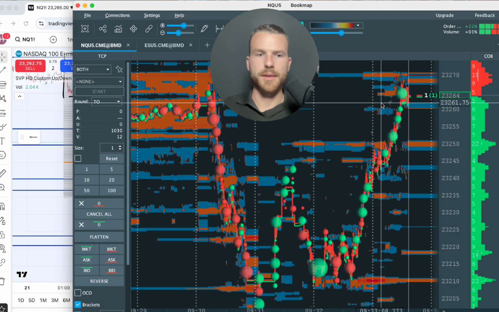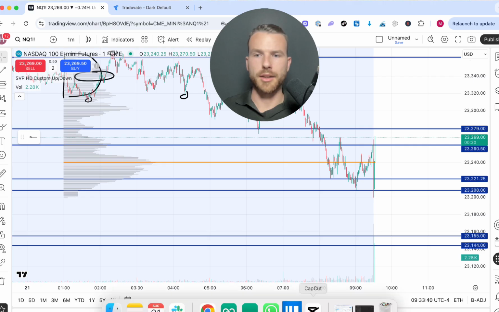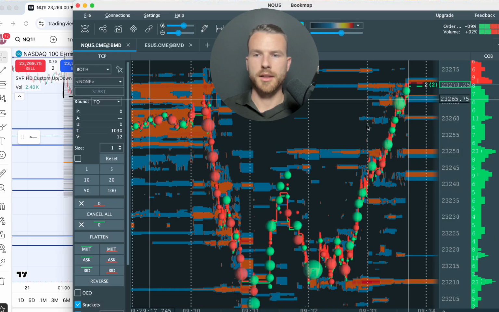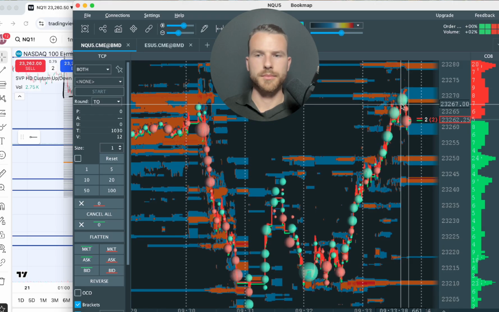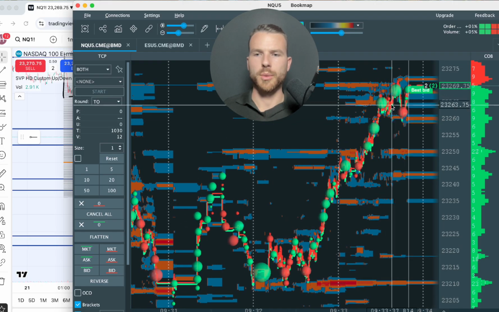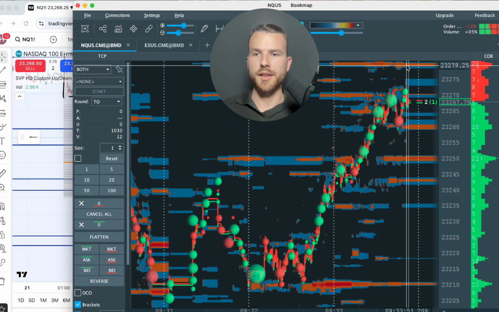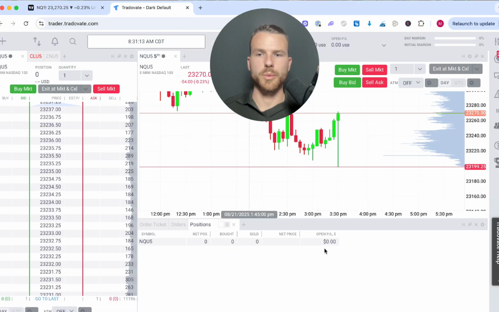So for now, it was at 282, 280 roughly. So this is where the market gets interesting again for us. This is already an extended move, which is a good sign for us. 280, there's some liquidity here. So we might get ready.